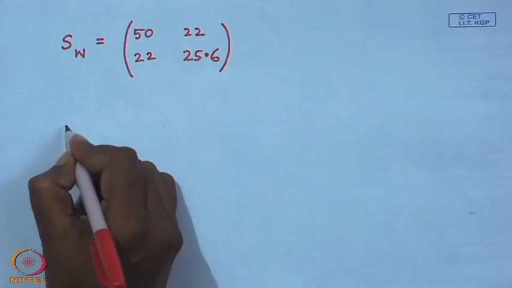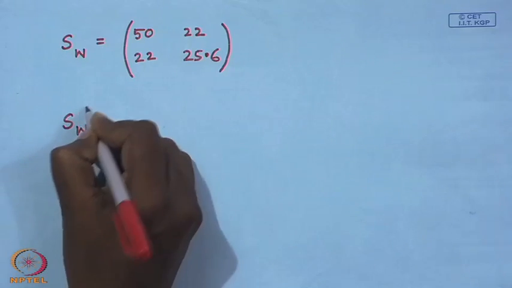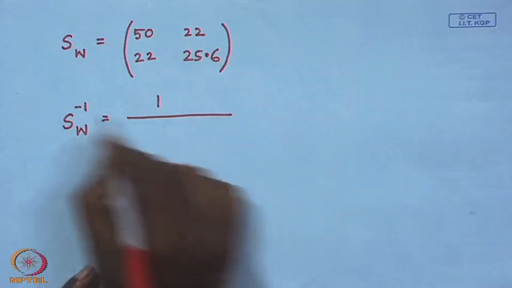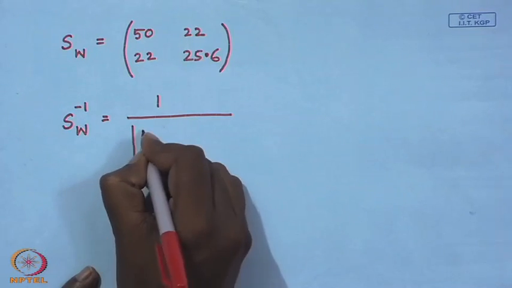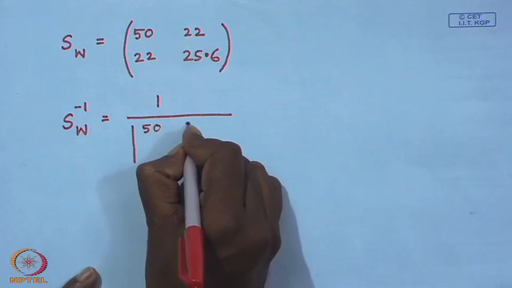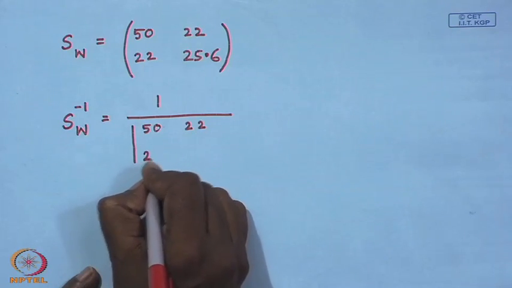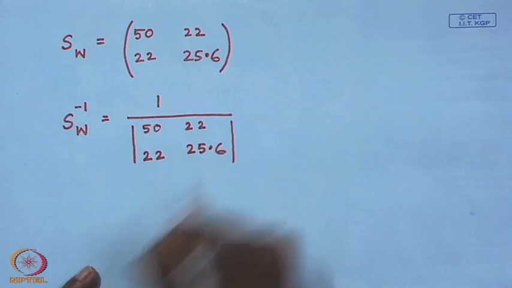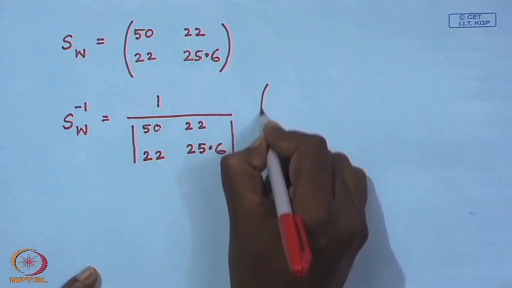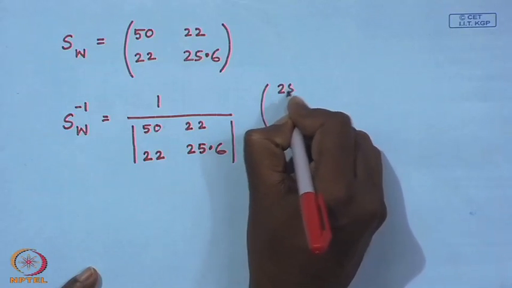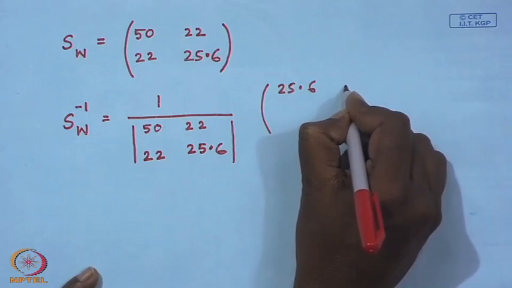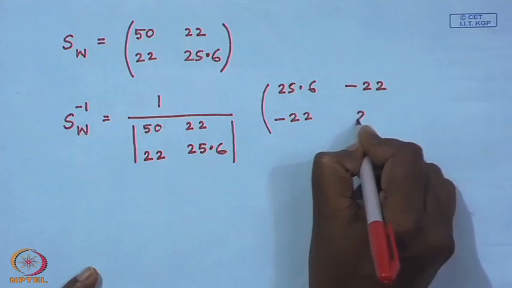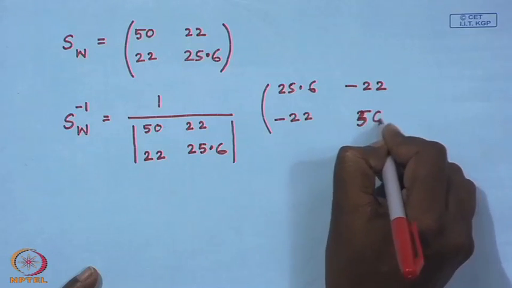Here SW inverse will be given by 1 over determinant of SW, that means determinant of 50, 22, 22, 25.6, and the matrix will be 25.6, minus 22, minus 22, and 50.